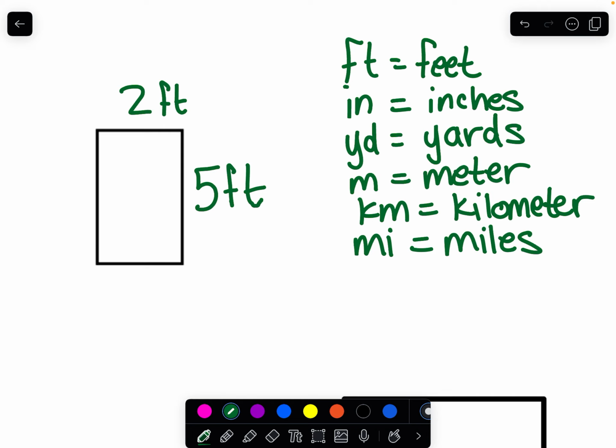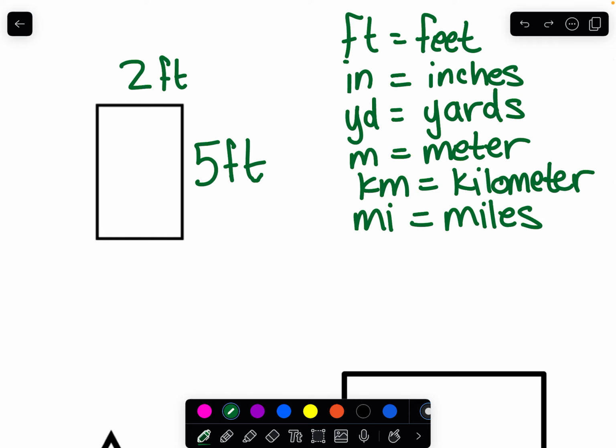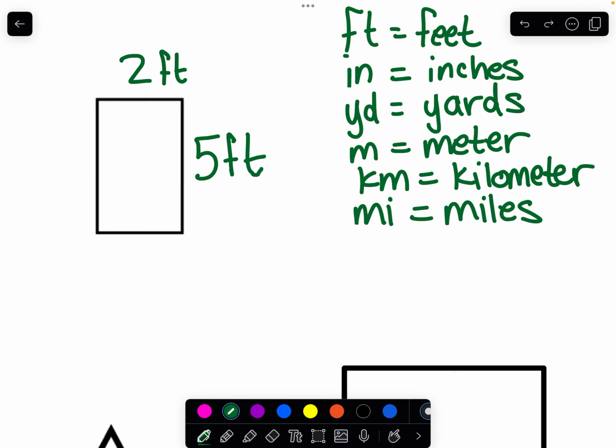And so here, we've got 2 feet on that side and 5 feet on this side. Can we measure the perimeter if we only have the measurements of 2 sides? Well, in this case, we can, because we're dealing with a rectangle. A rectangle is a quadrilateral where 2 sides are the same length, which means that if this is 2 feet, then this side is also 2 feet.